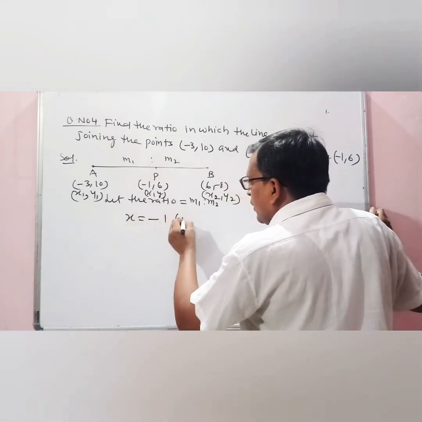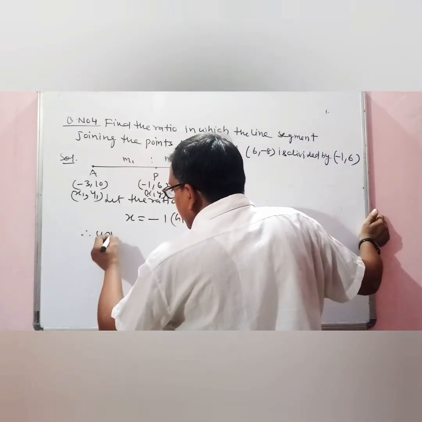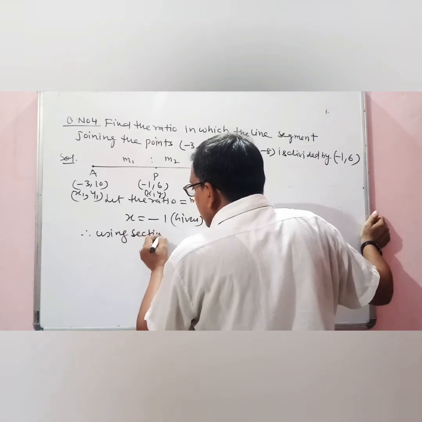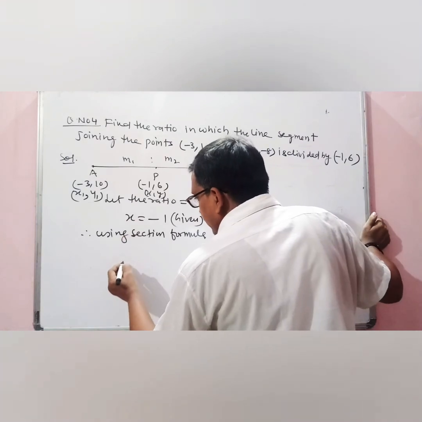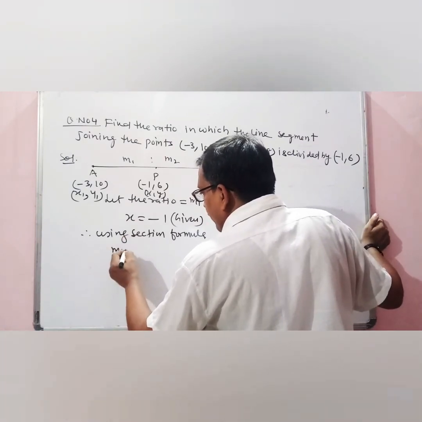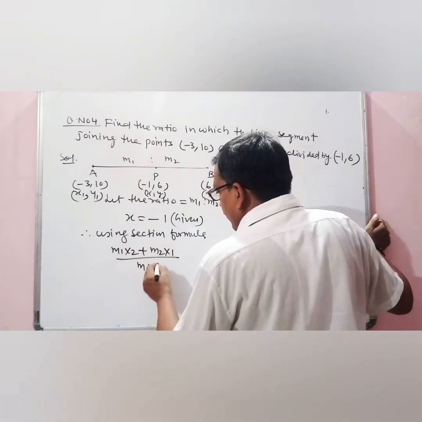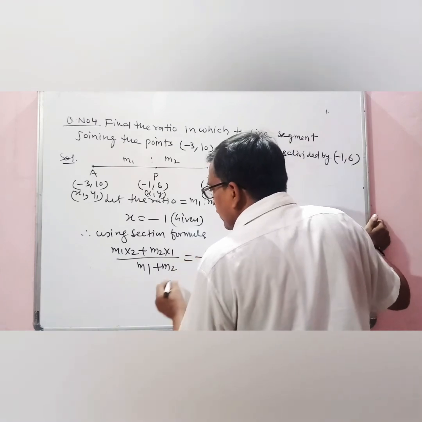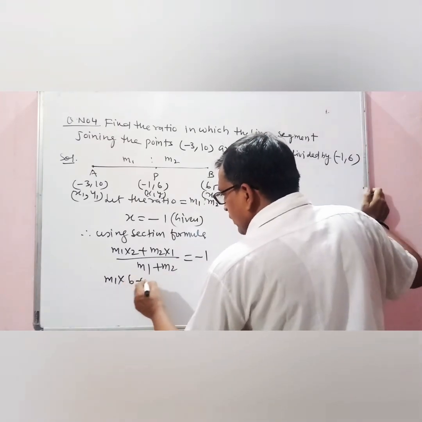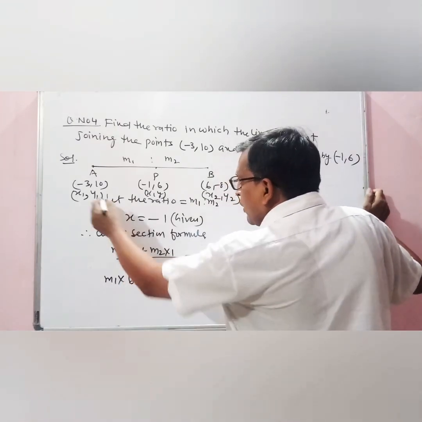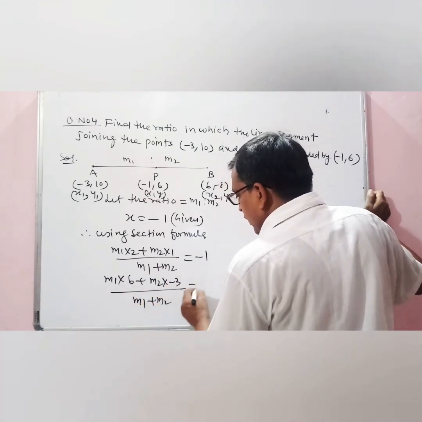Therefore, using the section formula for x: m1 x2 plus m2 x1 over m1 plus m2 equals minus 1. m1 value m1, x2 value 6, m2 value m2 only, x1 value minus 3, over m1 plus m2 equals minus 1.